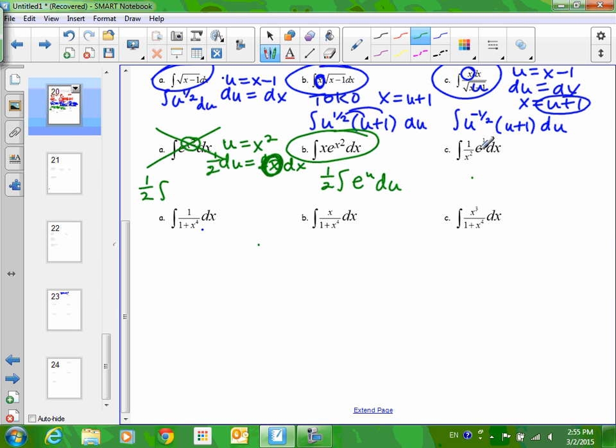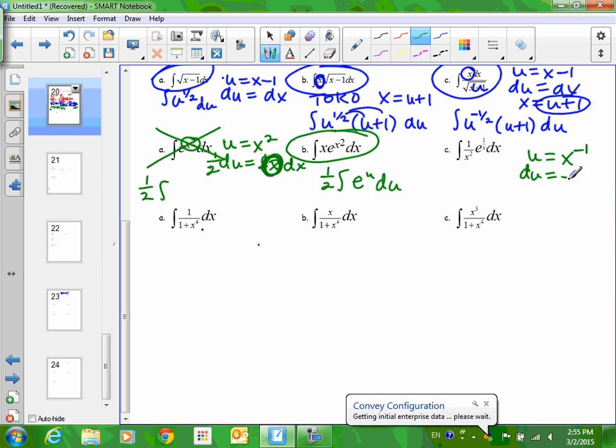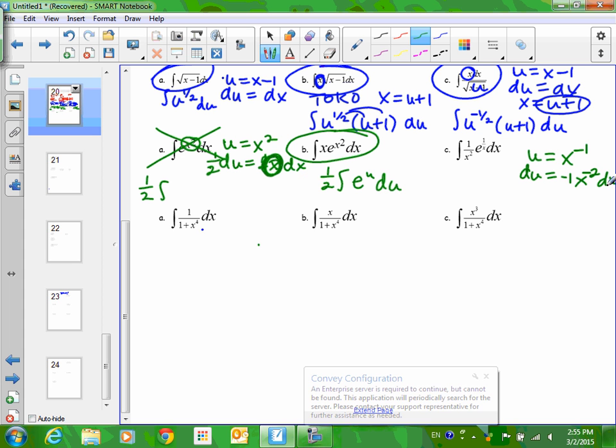So then what are you going to let u be in C to see if that works out? What's the power on e? 1 over x. Let's rewrite that as x to the negative 1. So we're looking to see, is my du in the problem? That's negative 1 times x to the negative 2.